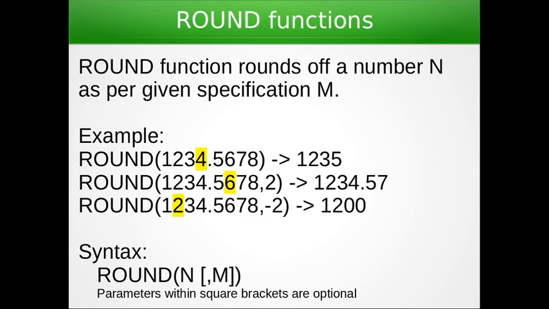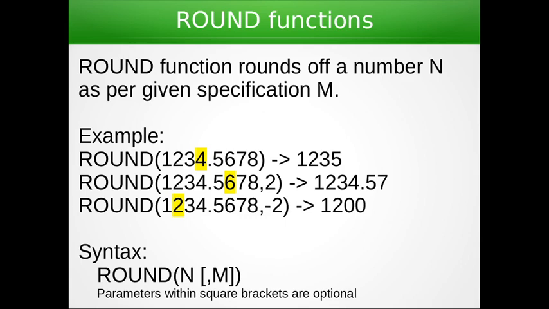Then in the second case you have seen the highlighted digit, we will concentrate on 6 and we will see the next number 7, so it will be rounded off to 7. Next one, last one, here second number is minus 2, so from the decimal point we have to move towards our left 2 places.